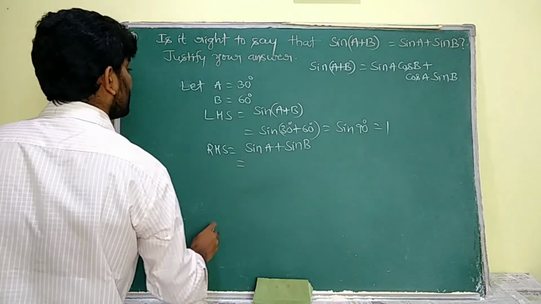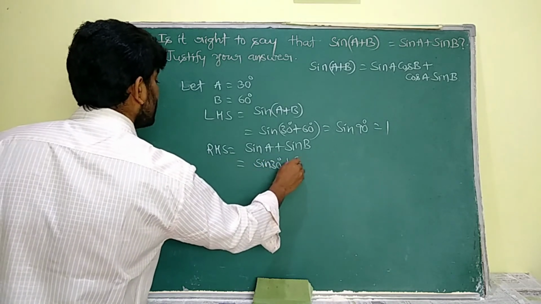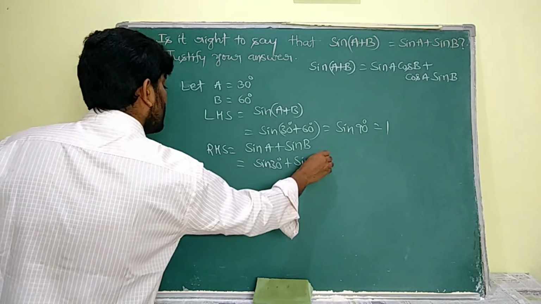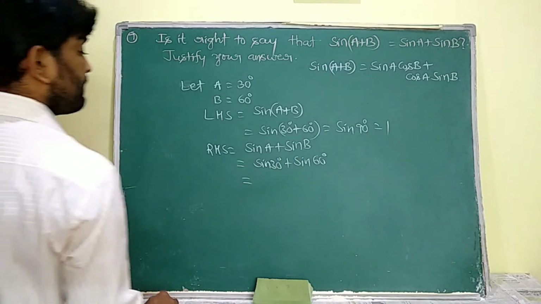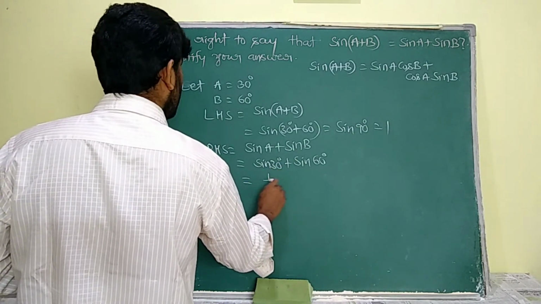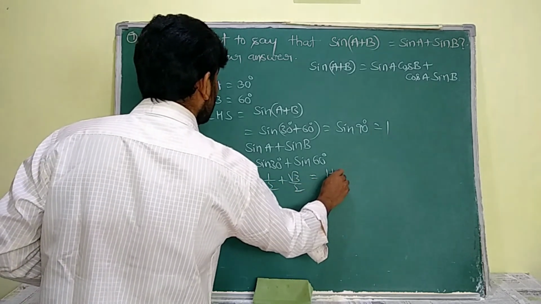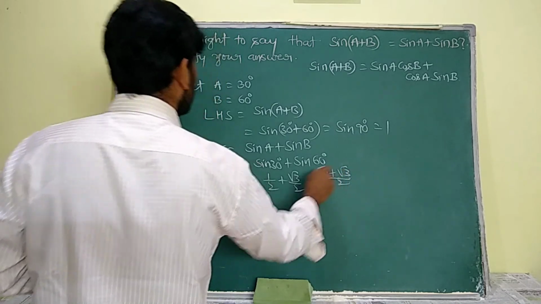Sin A means sin 30, and sin B is sin 60 degrees. Sin 30 plus sin 60 means sin 30 is 1 by 2, sin 60 is root 3 by 2. That is equal to (1 plus root 3) by 2.